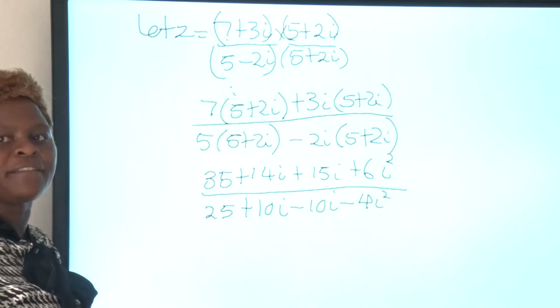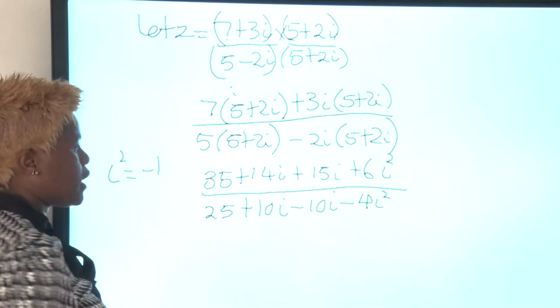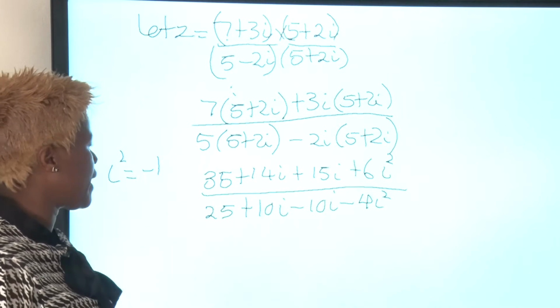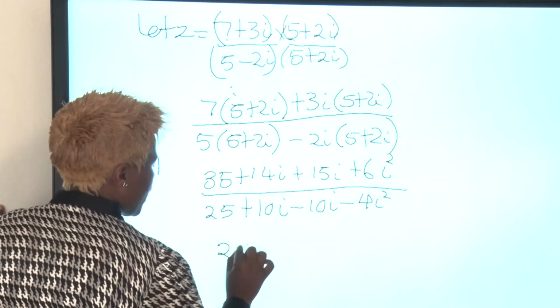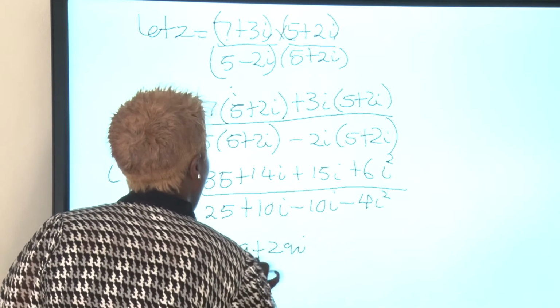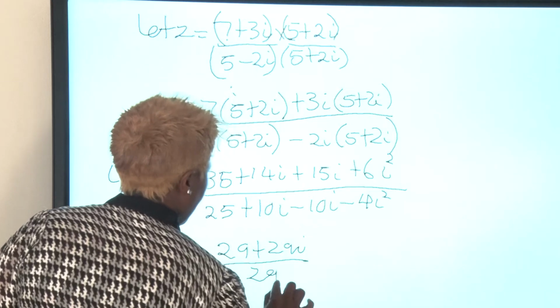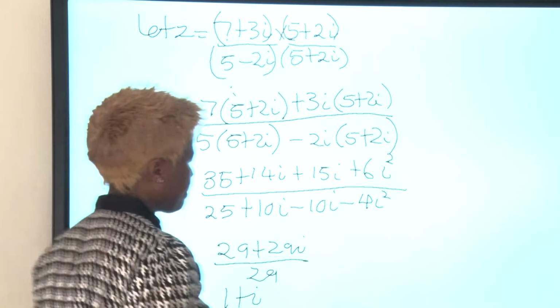And it is known that i squared is equal to minus 1. So when there is i squared, we put minus 1. And when we simplify this further, we will get 29 plus 29i all over 29. And when we divide, we get 1 plus i.